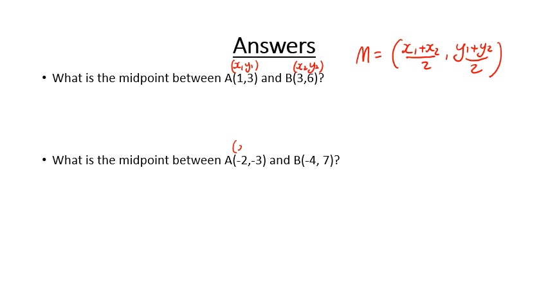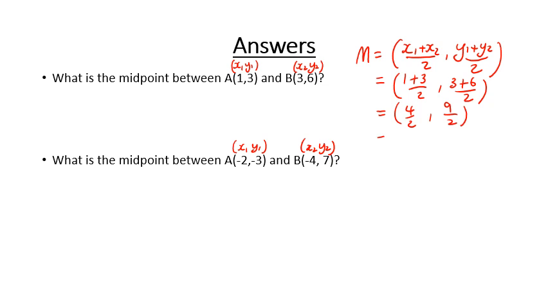So we've got x1, y1, x2, y2. So our midpoint for our first question would be 1 plus 3 over 2 and 3 plus 6 over 2, which is simply 4 over 2, and 9 over 2, which simply gives us 2 and 9 over 2.